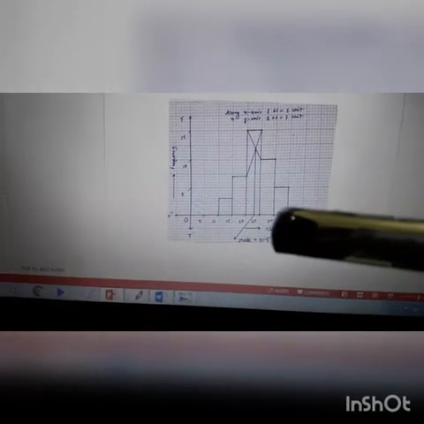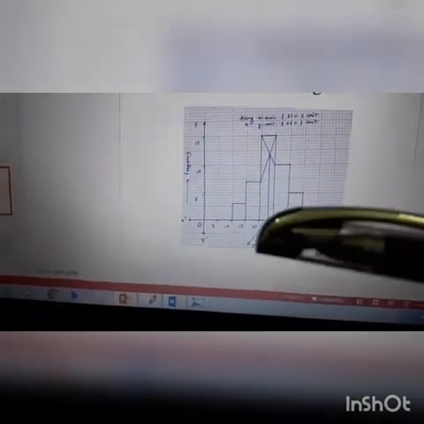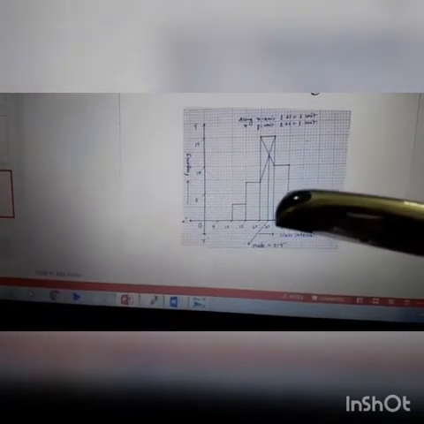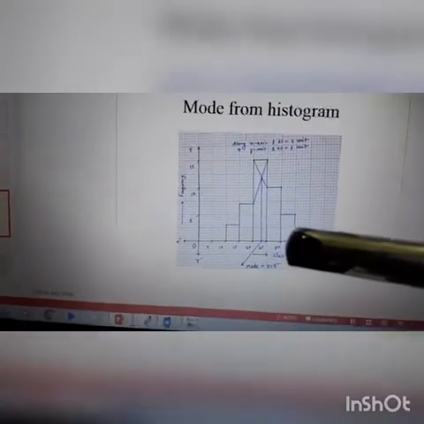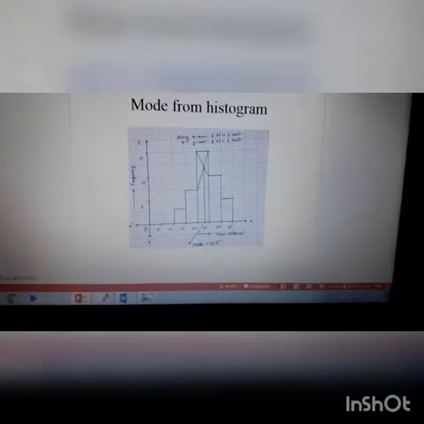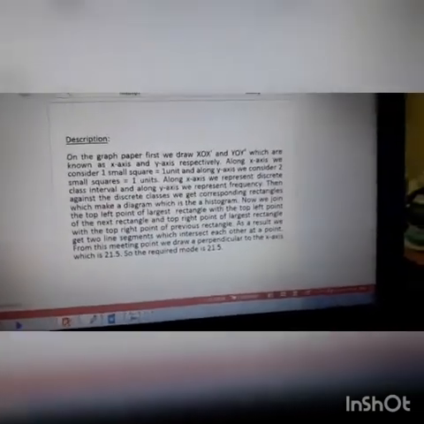I am extremely sorry. Along the x-axis we considered one small square equal to 1 unit. So for the 20 to 25 class, when we count, the perpendicular intersects the x-axis at point 23. So the required mode will be 23. This is the system to locate the mode from the histogram.